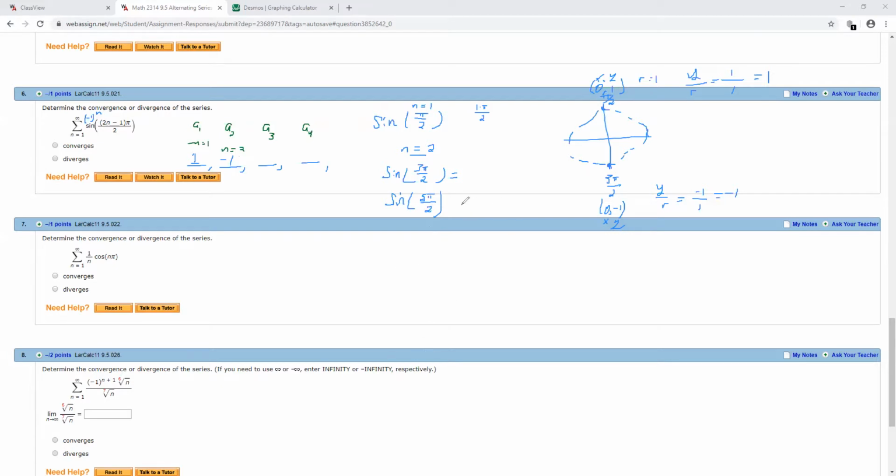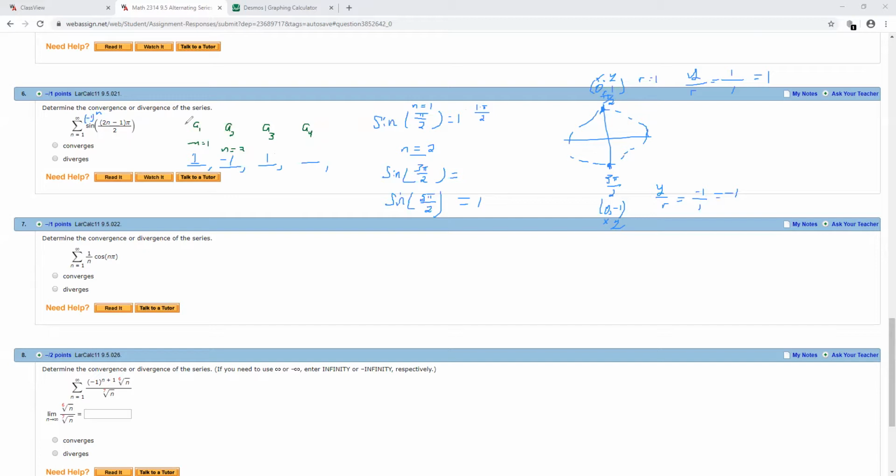Where's 5 pi over 2? So this is 0, 1 pi halves, 2 pi halves, 3 pi halves, 4 pi halves, 5 pi halves. We're right back up here again. Well, we're coterminal in the same angular position as 1 pi halves. And what did we get for sine of pi halves? We got 1. So this is also going to be 1.